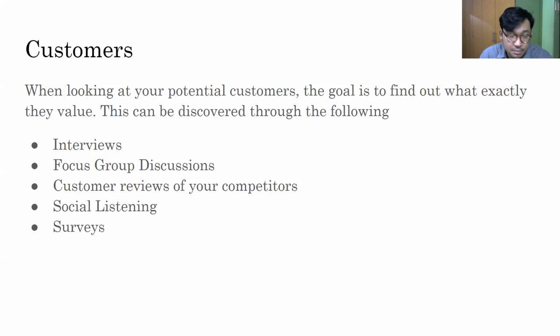Actually, less on surveys, probably more on interviews with different potential customers. I don't really like surveys because there's a tendency for students to just get respondents from their network, other Athenians, their friends, their family. So these are the different ways you can discover what customers value.